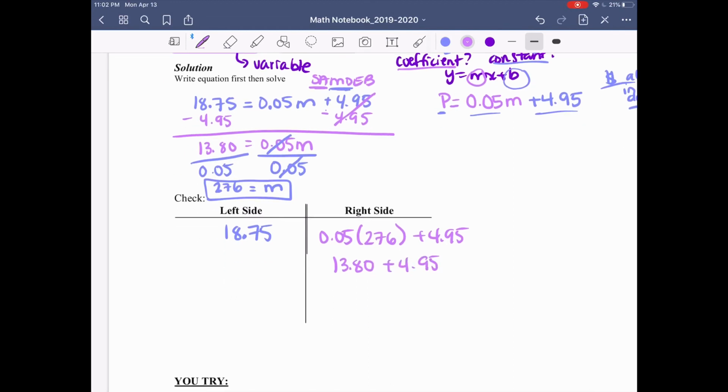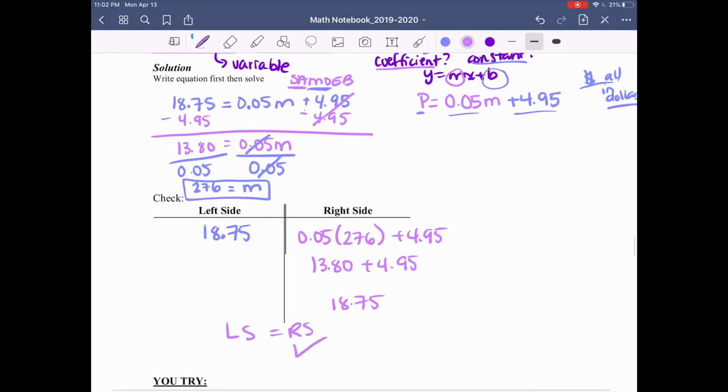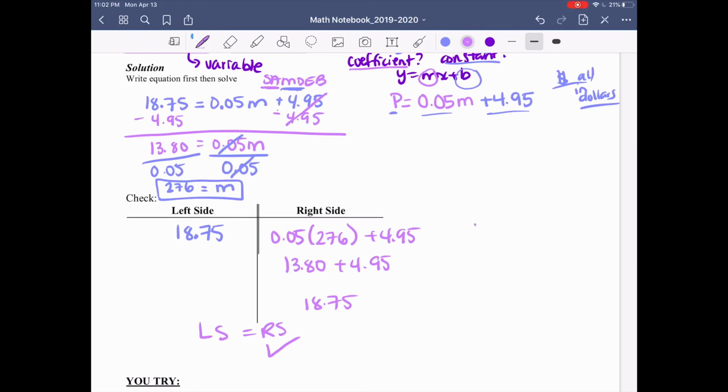And then 13.80 plus 4.95 is 18.75, which means that our left side does equal our right side and our answer is correct. So he spoke for 276 minutes. That's your final answer.